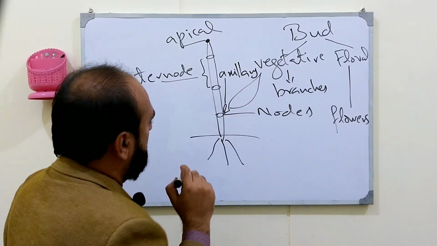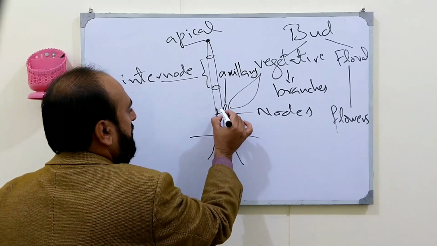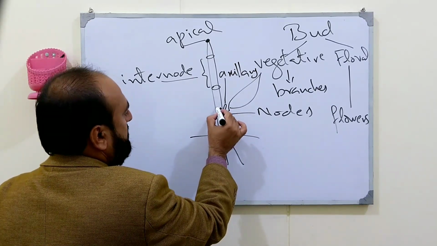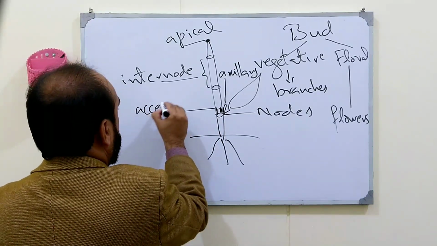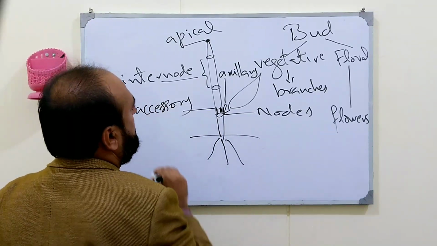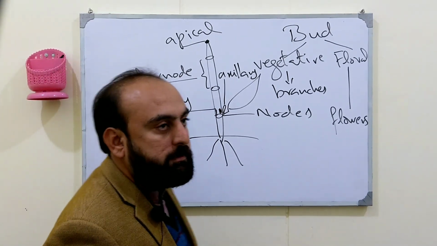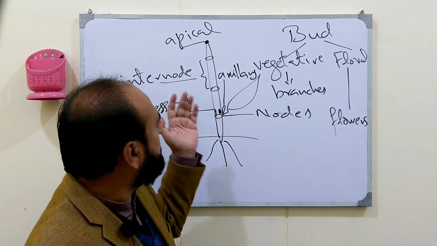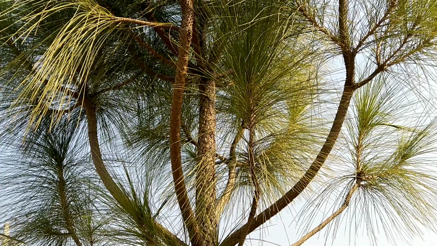If they are located on the sides or just above these axillary buds, then they are called accessory buds. And if they grow from points other than the nodes, then they are called adventitious buds.